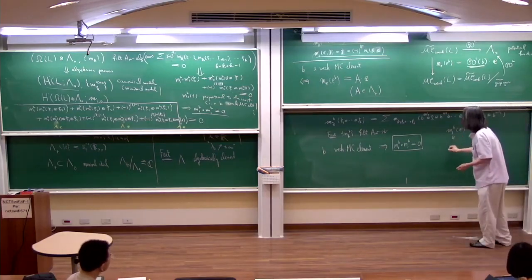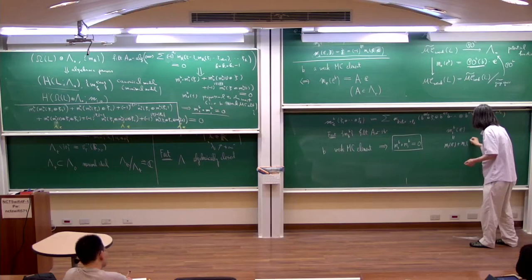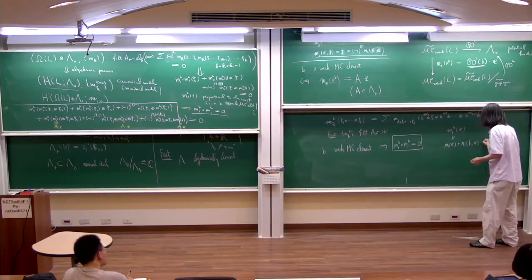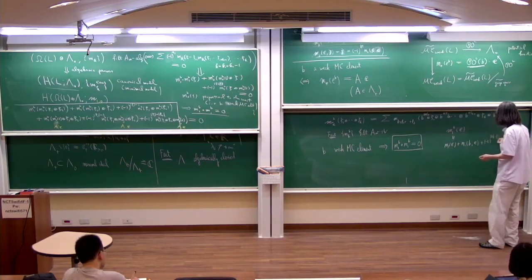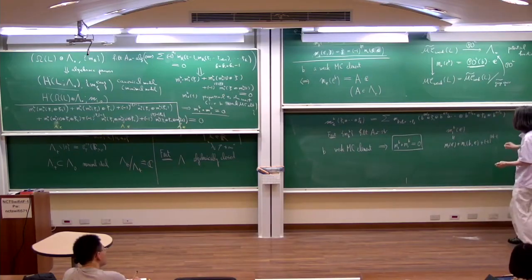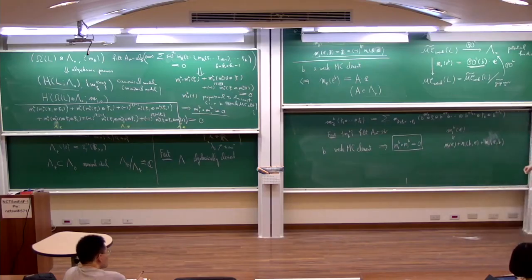And this is the only non-trivial thing, but then this one is actually M1E plus M2 BE plus (-1) to the degree B minus 1 of M2 of EB, plus so on. But all of them die because M3, M4, if E is one of the entries, all die.